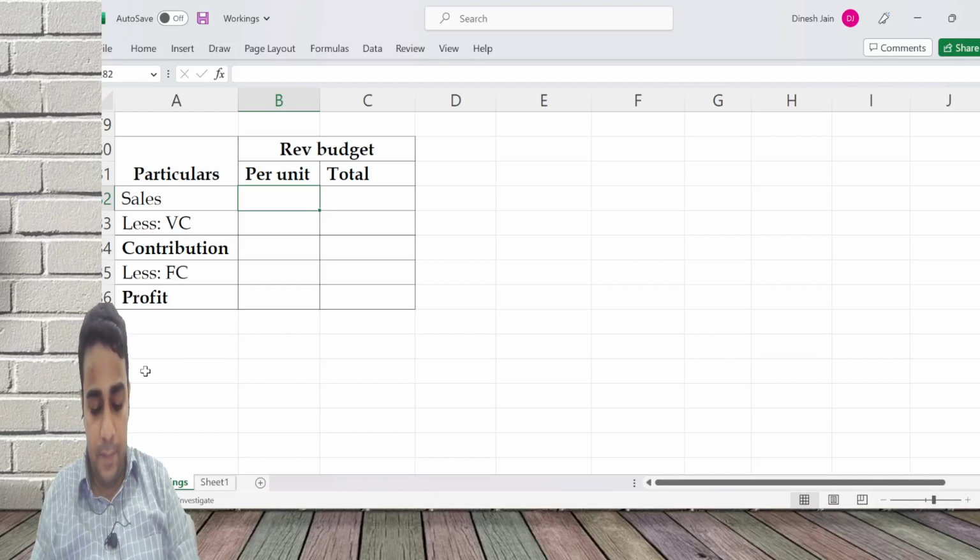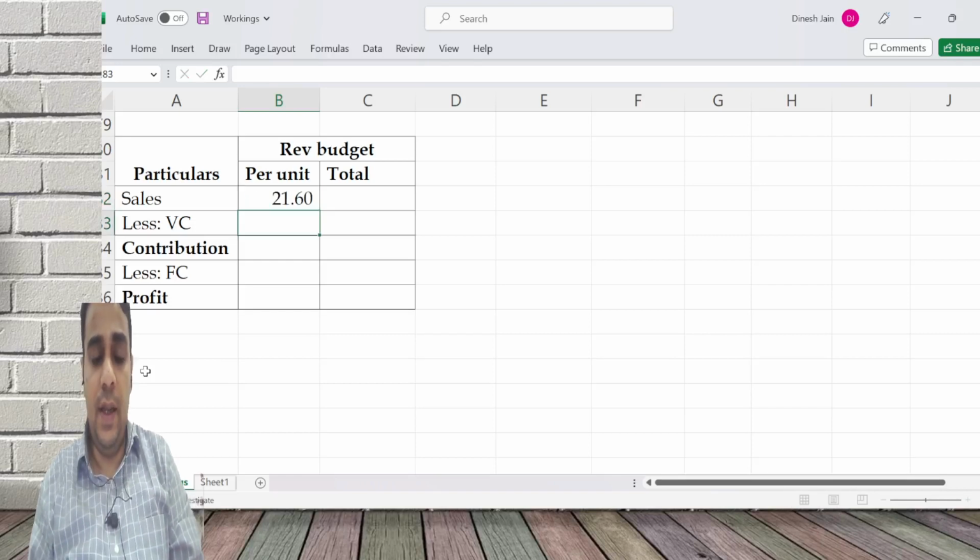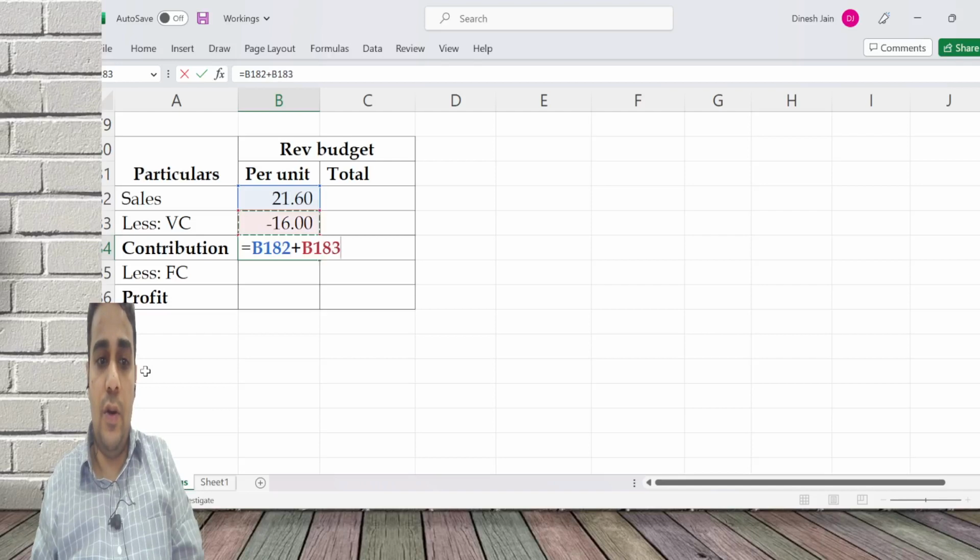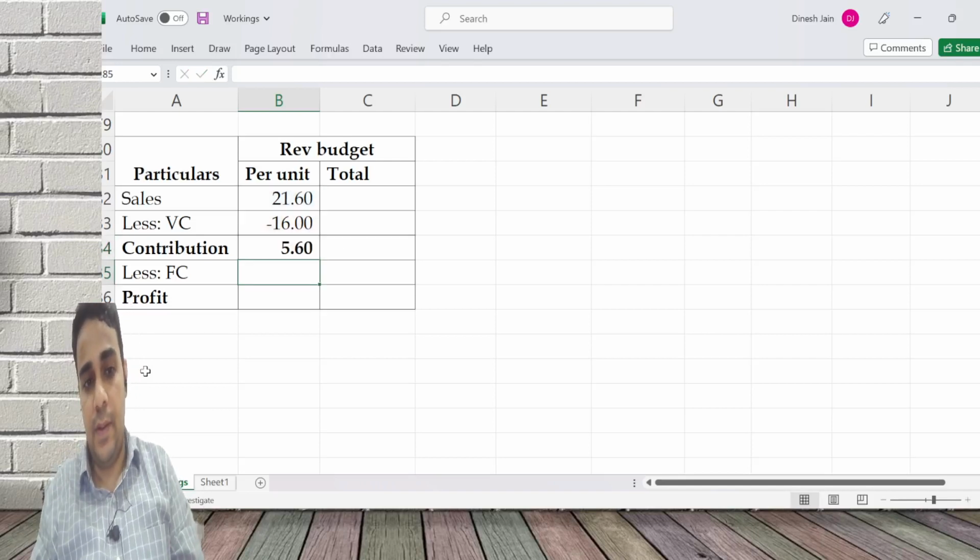Write the format. So 24 will become 21.6. Variable cost continues to be 16. Contribution is 5.6.